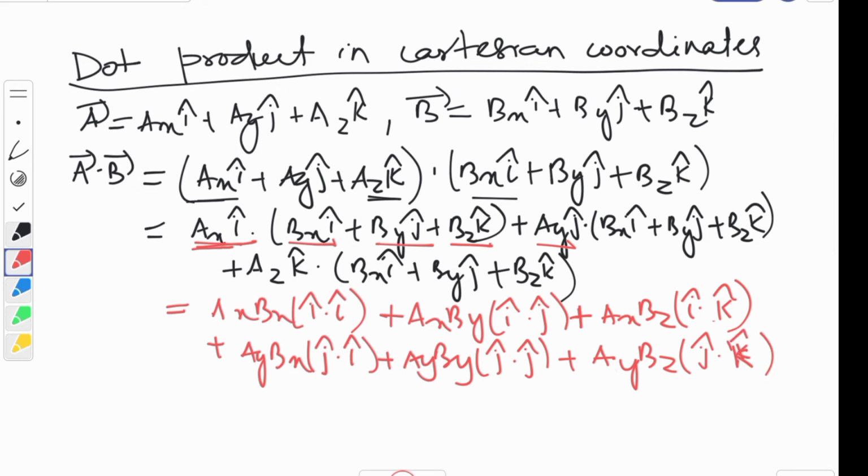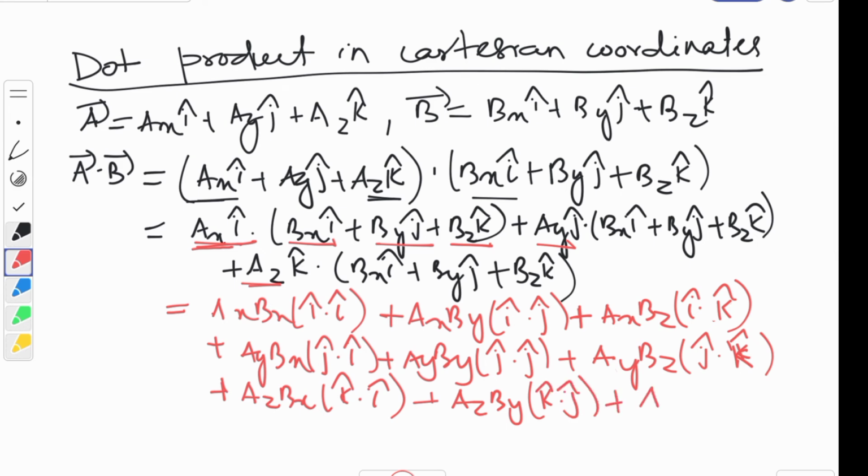Do it on your own. Plus, for this, you will write AZ BX k cap dot I cap plus AZ BY k cap dot j cap plus AZ BZ k cap dot k cap.